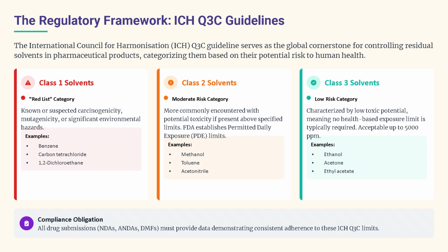The sample is heated in a sealed vial, and volatile solvents are analysed from the vapour phase, leaving non-volatile residues behind. GC-MS, used for unknown or unexpected solvents, providing structural identification and confirmation. Each technique has its own advantages, but Headspace GC remains the regulatory benchmark for residual solvent testing.